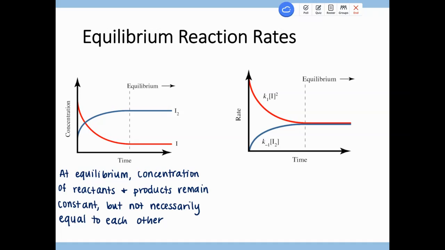What is equal is the rate of the forward and the rate of the reverse reaction, and that's what this is showing. So adding atomic iodine at the initial part of the reaction, the rate is high until iodine is starting to be used up. That rate decreases because the concentration of the reactant decreases until it reaches equilibrium.